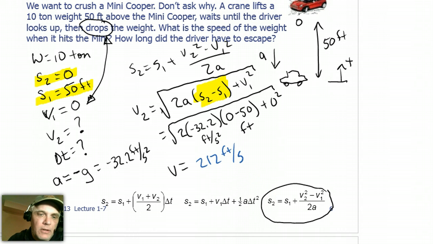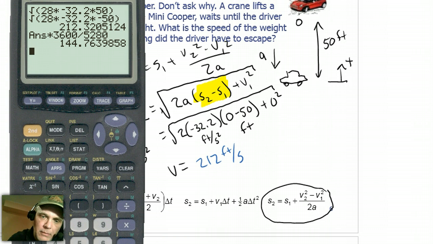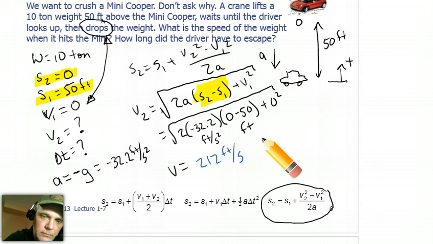I don't have a good feel for feet per second, but for reference, we'll multiply by 3,600 seconds per hour and divide by 5280, about 145 miles an hour. That ought to do that Mini Cooper in.